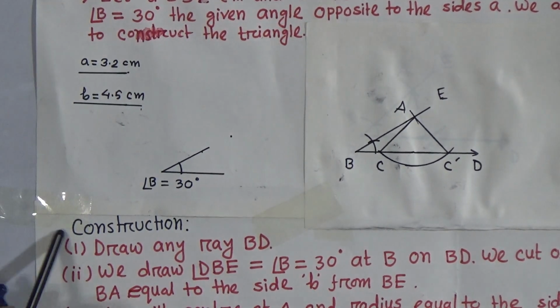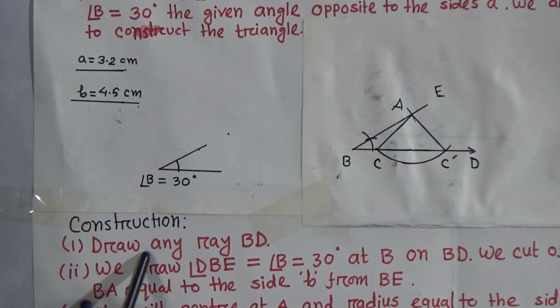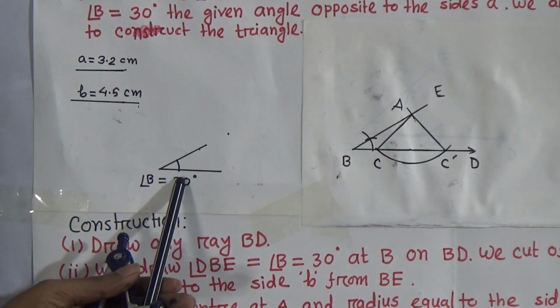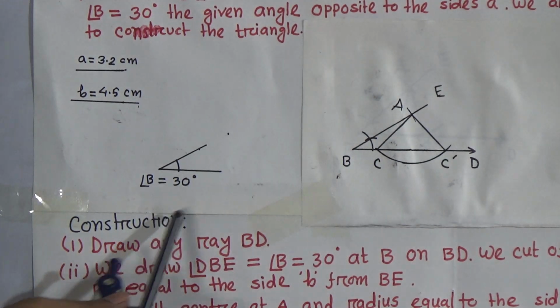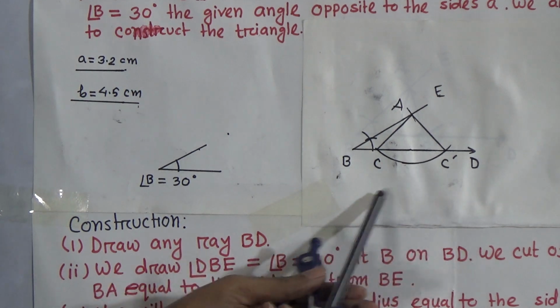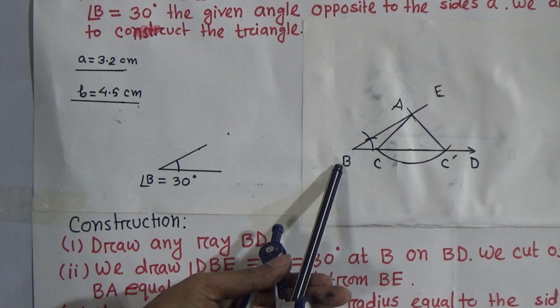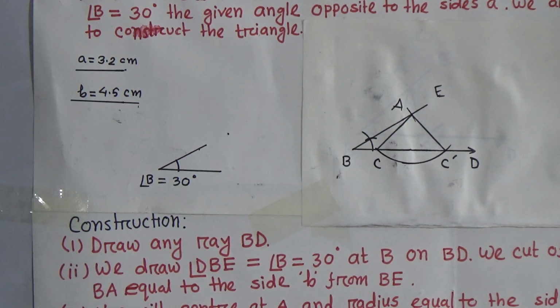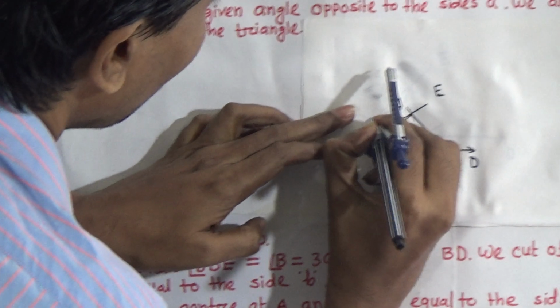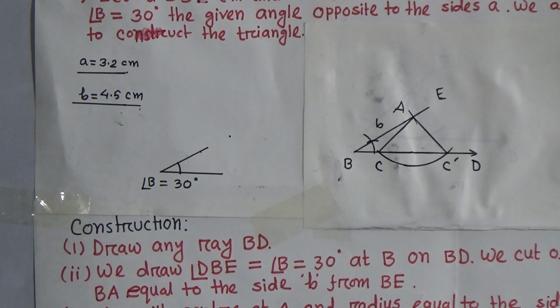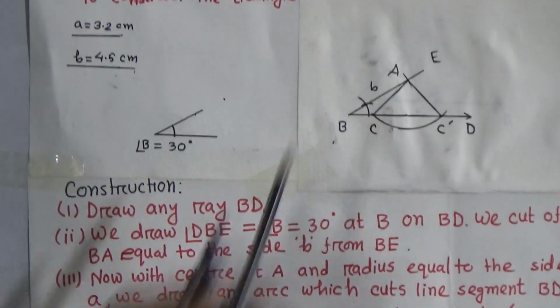You see the description. Draw any ray BD. We draw DBE equal to B equal to 30 degree on the ray BD. Now we have to cut BA equal to what? BA equal to B from BE.